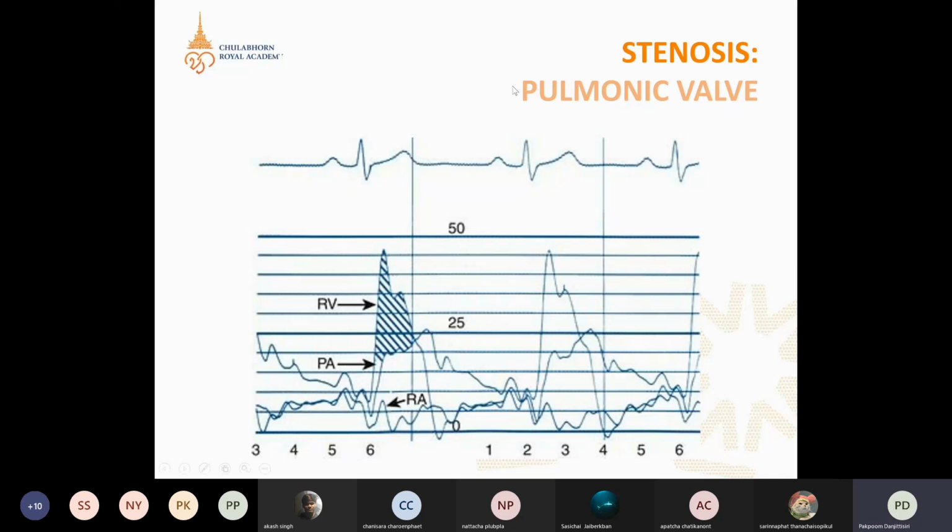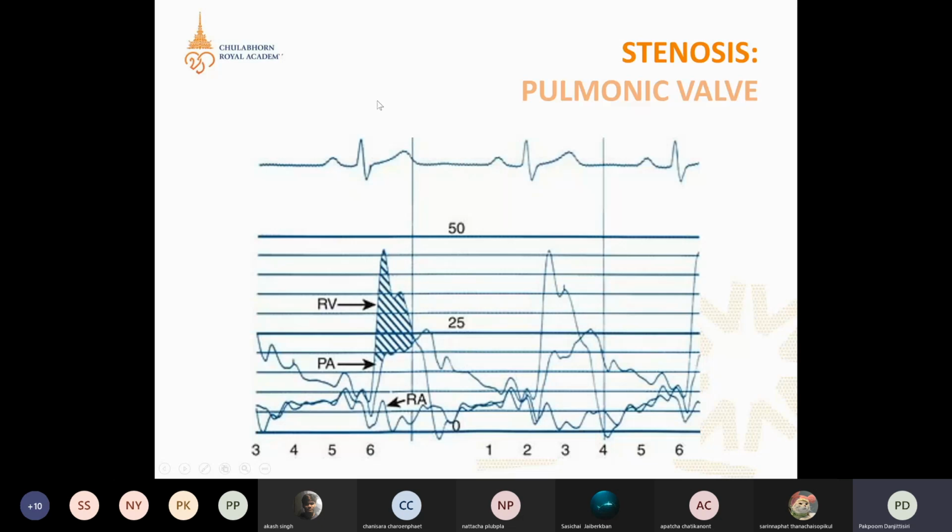So you can find the relationship between the EKG and the pressure over here, and you see that after the R wave and until the T wave, this is the systolic phase.